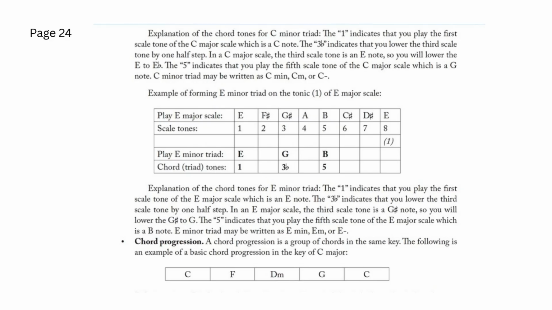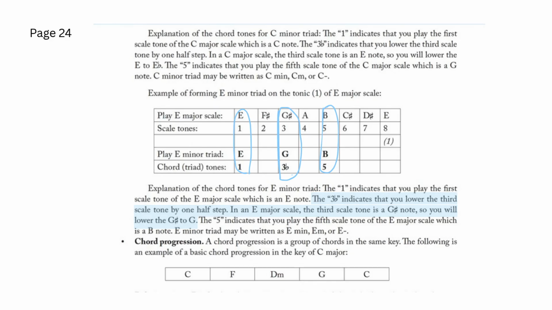Now let's do an example of forming E minor triad on the tonic of E major scale. Okay, let's play E major scale. As a reminder, we did whole, whole, half, whole, whole, whole, half to get that.